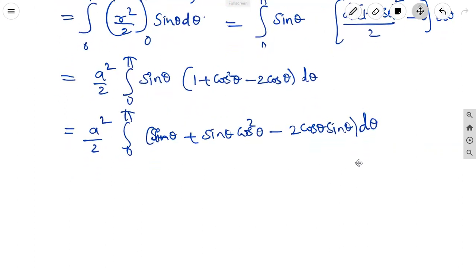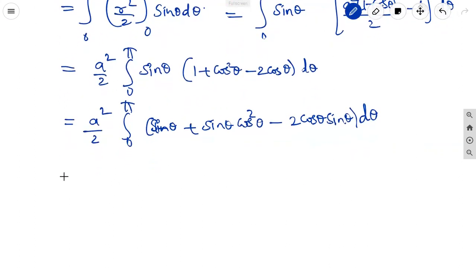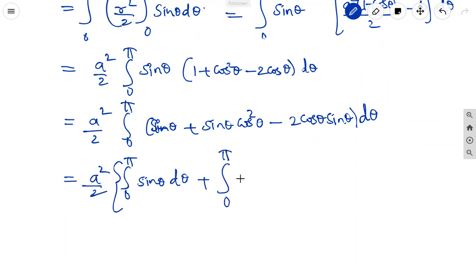Here, a square by 2 integral 0 to pi sin theta d theta, plus integral 0 to pi sin theta cos square theta d theta, minus 2 integral, where 2 sin theta cos theta is sin 2 theta. It is integral 0 to pi sin 2 theta d theta.